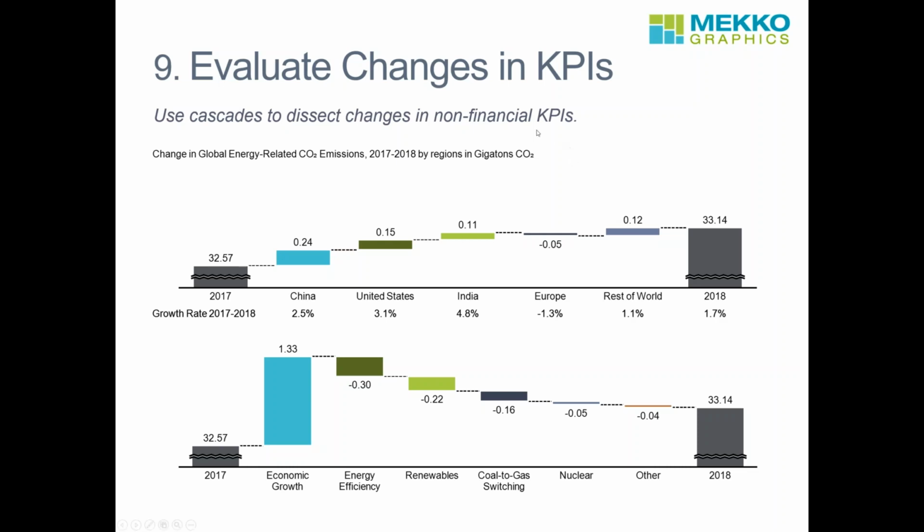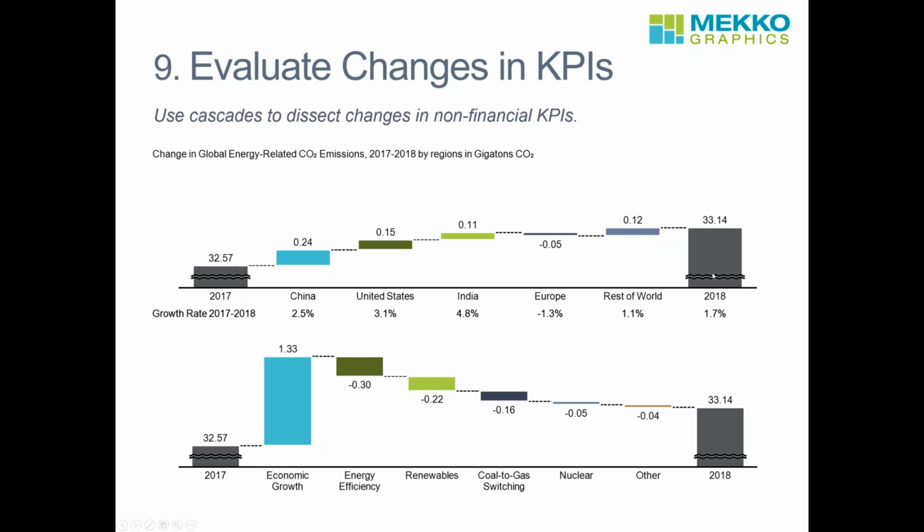So here I'm using this to show change in CO2 emissions, and again I'm splitting it by region. We can see that China, the US, and India contribute most to emissions growth. And then I'm doing it by category. And here you can see it's economic growth that's really driving emissions change, and that's being reduced by these energy conservation moves that we're making.